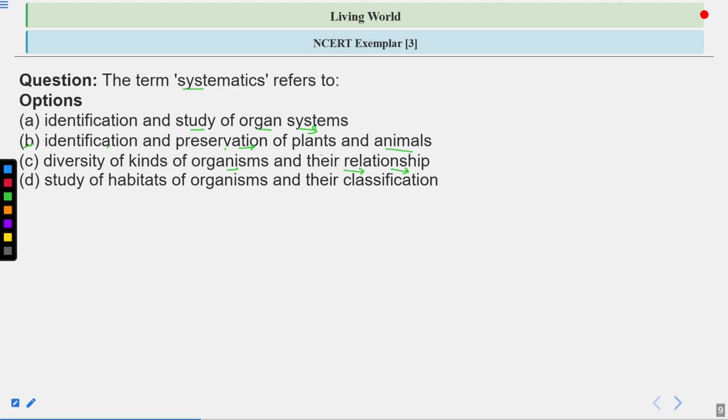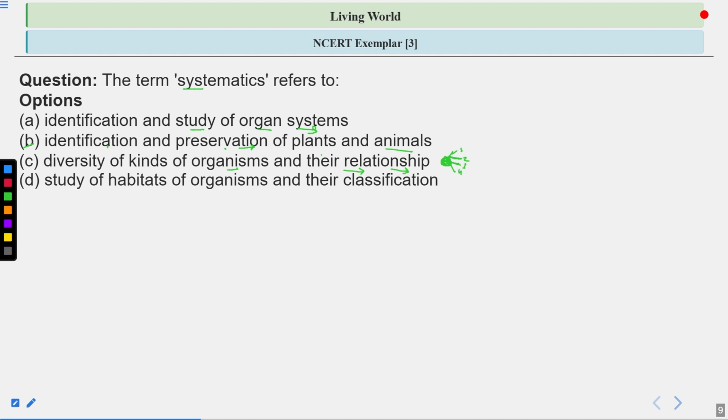So by studying fossils, you get to know that there are certain similarities between organisms which existed millions of years ago and the organisms which exist today. So evolution is occurring. There was a certain common ancestor, and from this common ancestor the new species emerged. So these species 1, 2, 3, 4 are the descendants of this common ancestor.